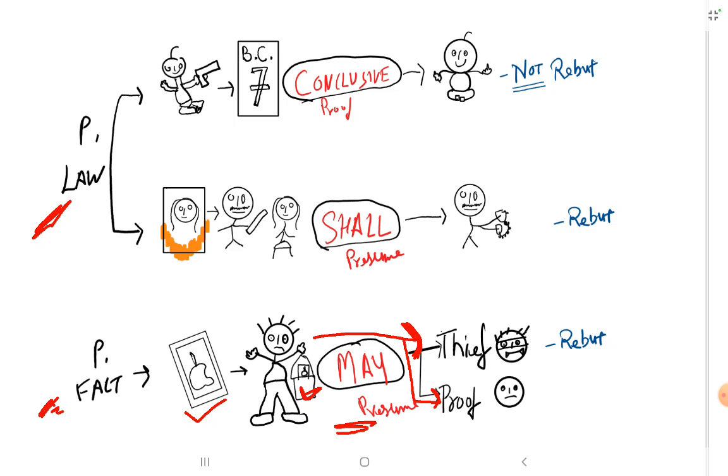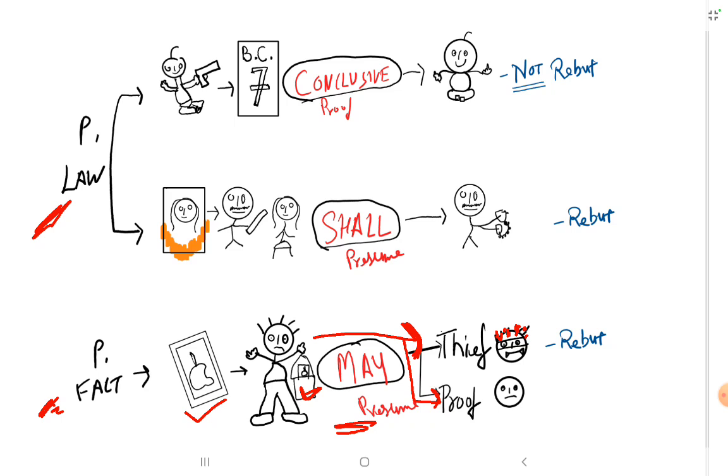Okay, so here the court has the choice. It may either presume you as a thief or it will not presume you as a thief and call proof of it. Both of this will depend on surrounding circumstances. Suppose you have done theft in the past also. There is a history of theft.